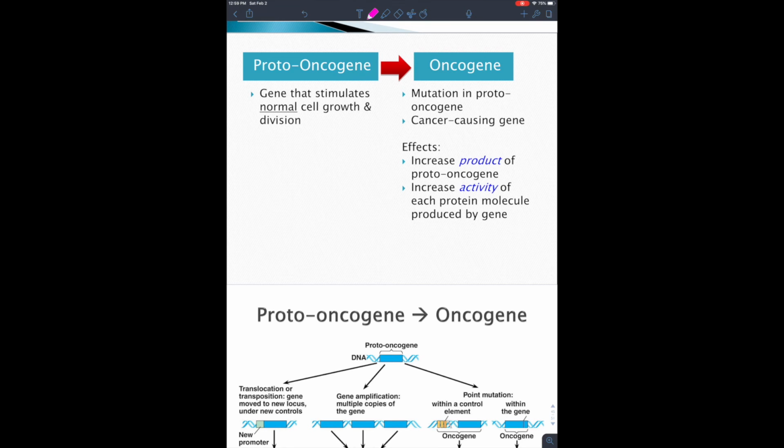An oncogene is a mutation that has a cancer-causing effect. It's going to increase the product of proto-oncogenes, so I'm going to increase the amount of cells and the activity in those cells. The cells are going to be overworking and doing jobs that I don't want them to be doing.